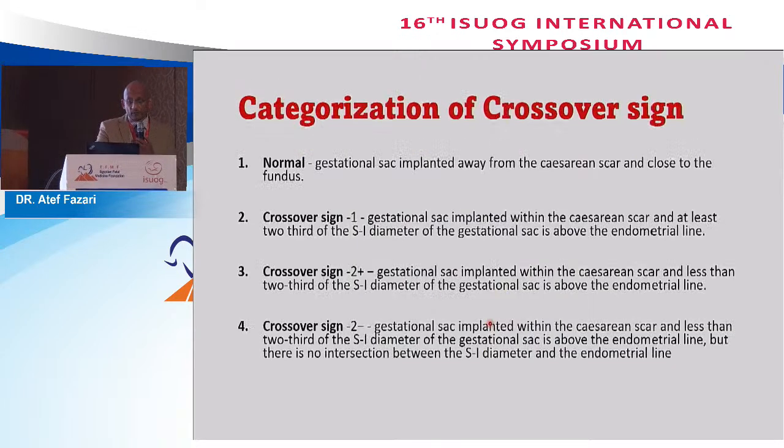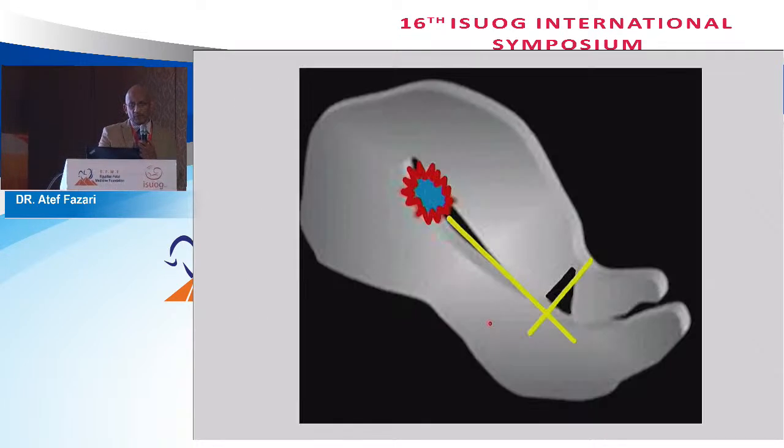One by one, the definitions are to come. This is the gestational sac. This is a line. This triangle side is the side of the scar, the defective myometrium, the black one, and the gestational sac of early pregnancy is implanted higher away. So this is normal implantation, and we have nothing to worry about.